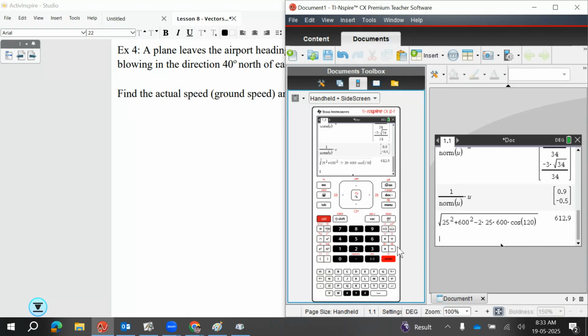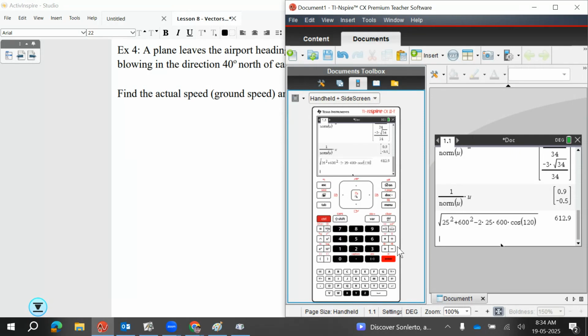So rearranging that one, we're going to get theta is equal to arc sine of 600 sine 120 over 612.9... Put that into our calculator.